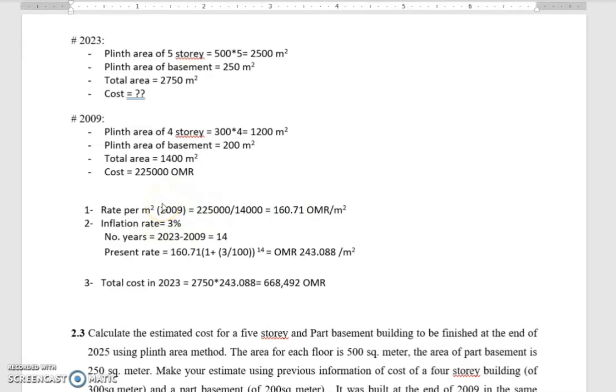Now we want to have this cost in 2023. So what is the difference? We will go back to the same formula. The difference in years will be 14 years.